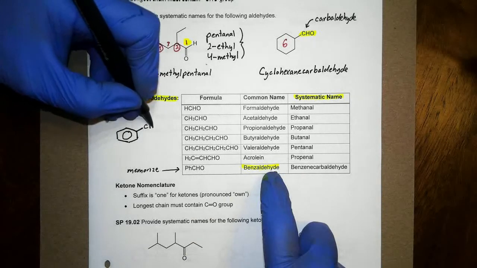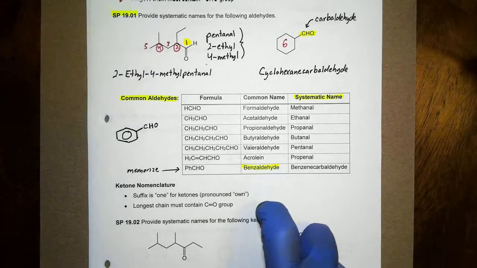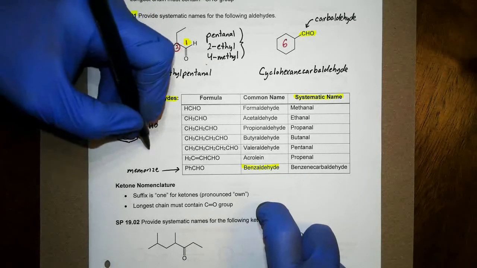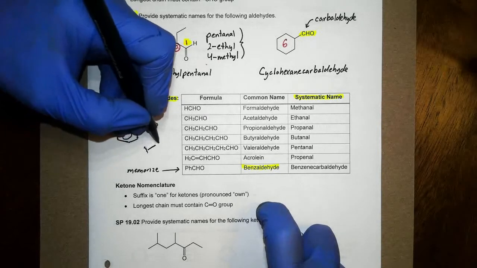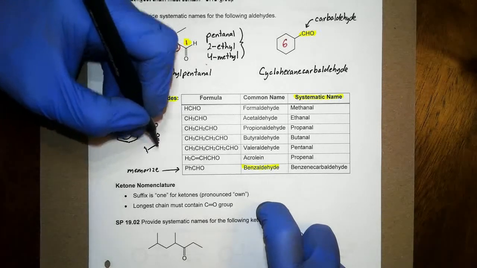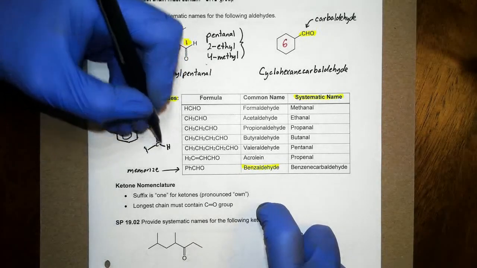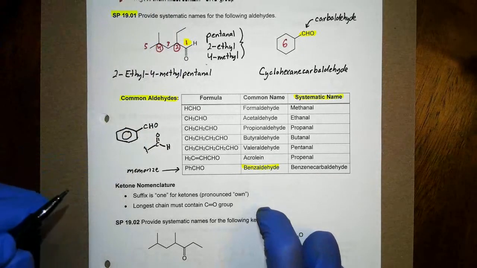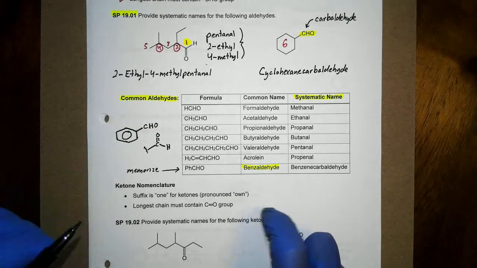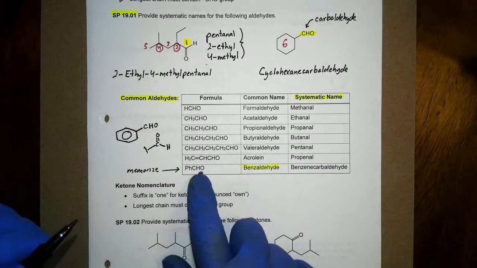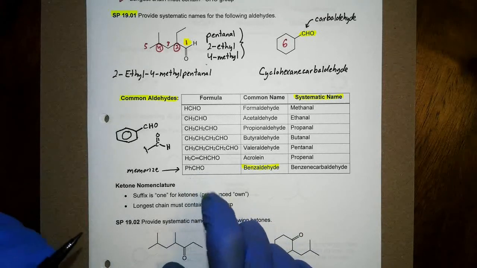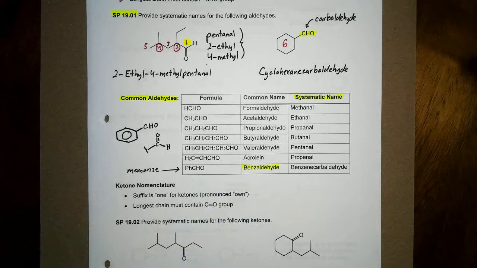So we can use the letters CHO. Most of the time, though, we're going to draw it like this, using the line bond illustration, because we're going to be discussing reactions, and it's just better to do it that way. So please memorize that one. It's very useful to know, because we're going to be seeing it on a regular basis.